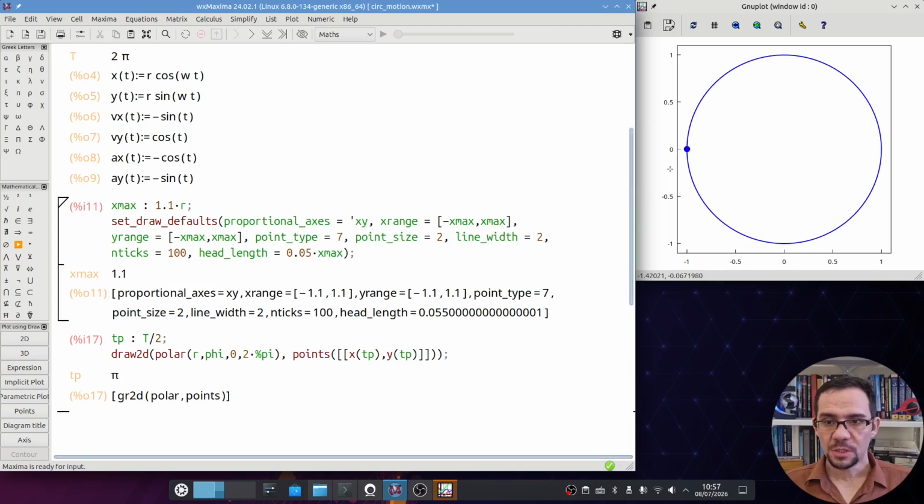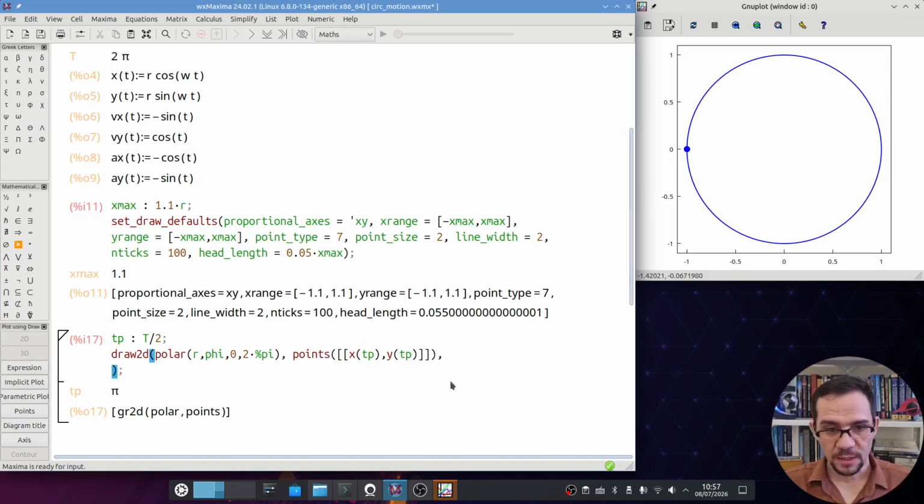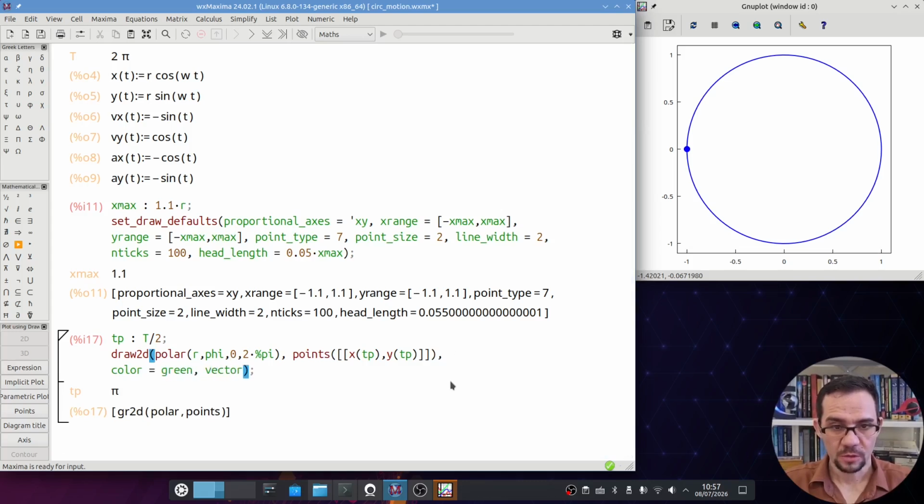I would like to insert also the velocity vector there. So I'm going to add here color green vector.